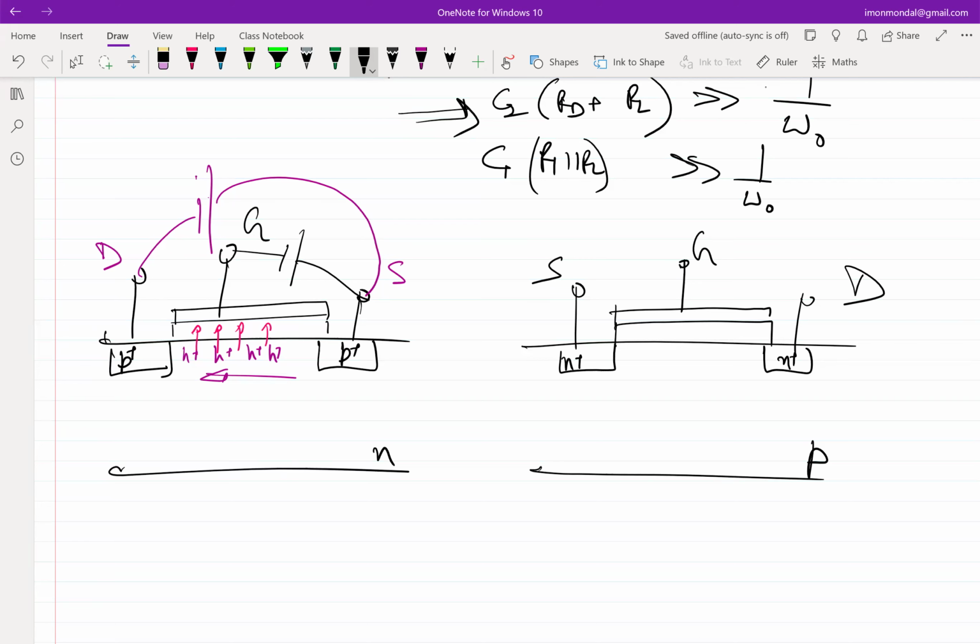Here, if you apply a battery between gate and source in the direction I have shown, there will be an electric field from gate to the channel. And when you have an electric field from the gate to the channel, you are going to get what? Electrons or holes? Electrons, right? So you are going to get mobile electrons here.